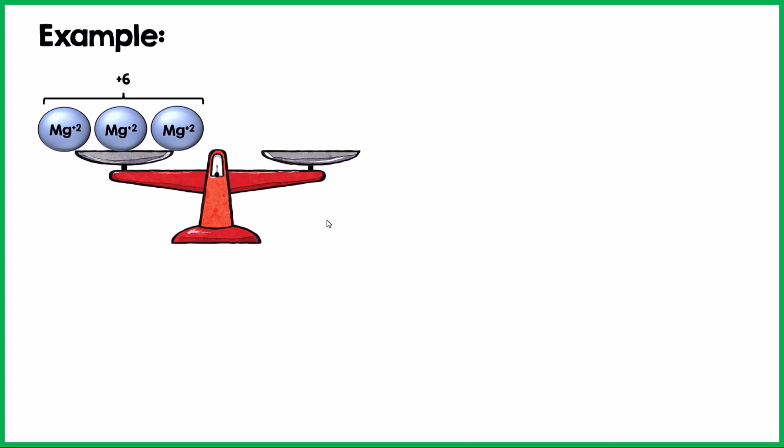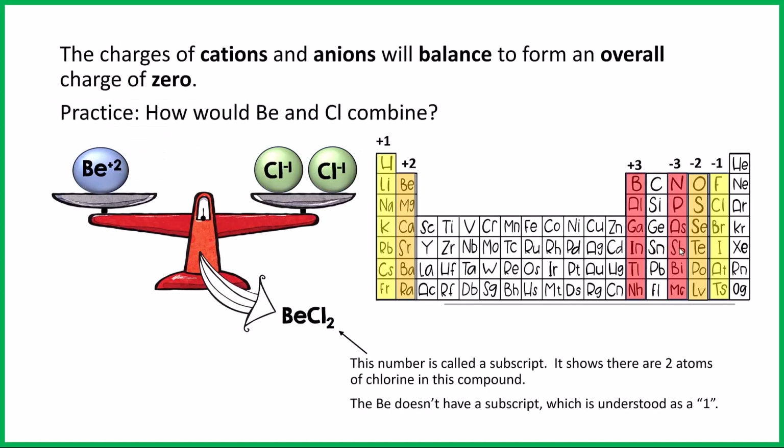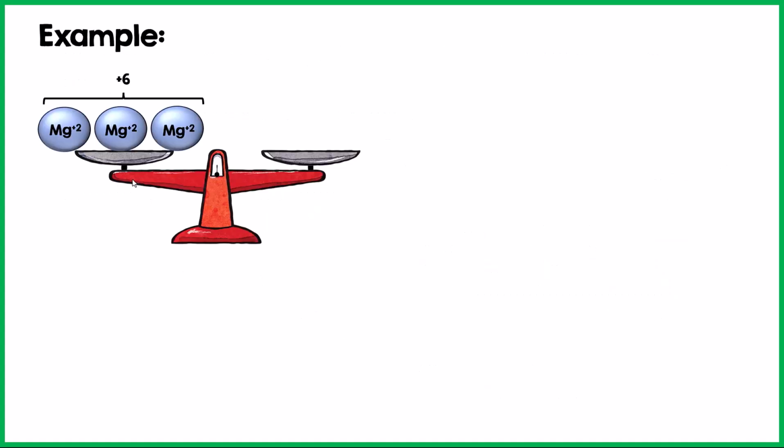Here's another example. If we have magnesium, which has a positive 2 charge, if we look back here, magnesium is found right here below beryllium. So magnesium has a +2 charge. In order to give us +6, we need 3 of these, and that would balance out 2 -3 ions of phosphorus.